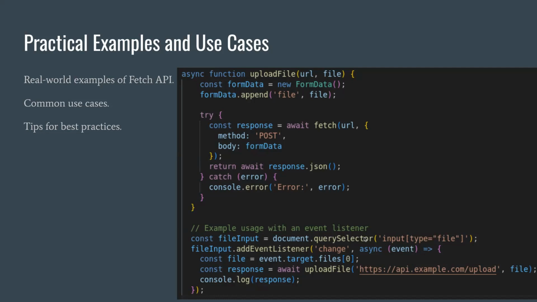Basically, it listens to this file input, and when that happens, this upload file function will create a new FormData, and then it will append the file that it receives from this event listener, and then it will try to make a POST request with the request body as the form data, and then it will get the response. So this is one of the use cases.